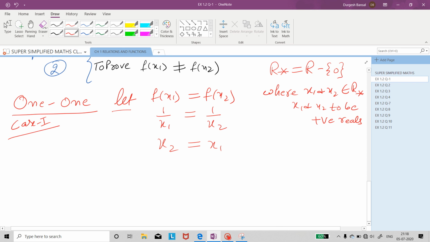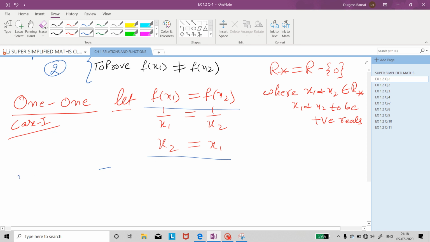So I assumed that f(x1) is equal to f(x2), and I proved that x1 and x2 were equal. This should imply the function is 1-1, but there is one more category of numbers, which is the negative numbers. So I will take both the numbers negative also.